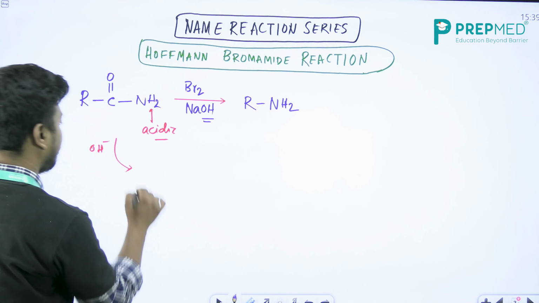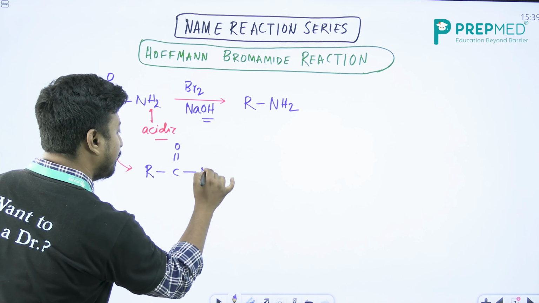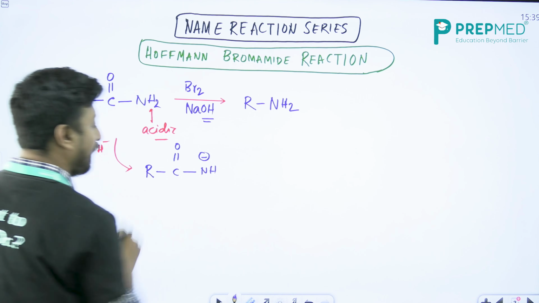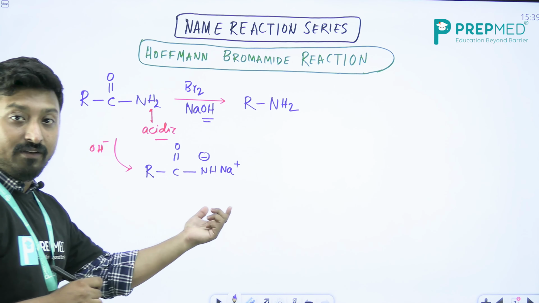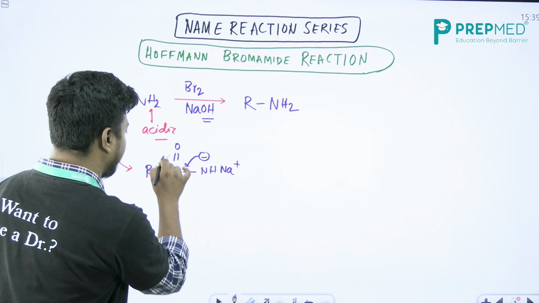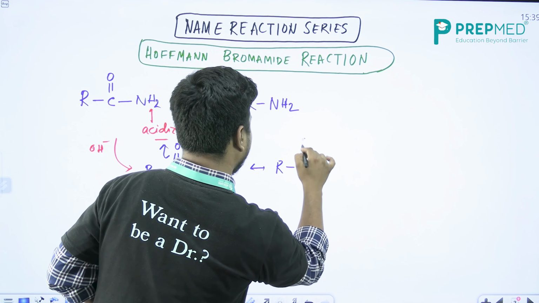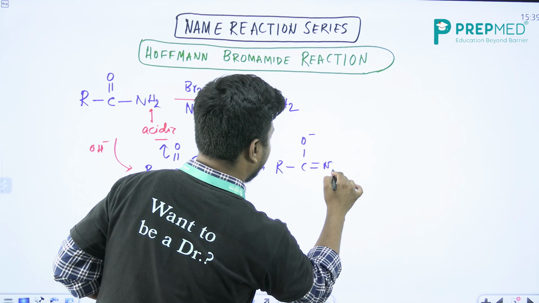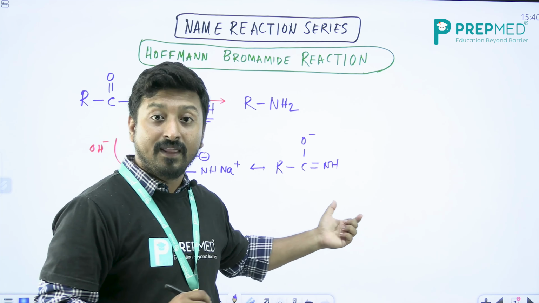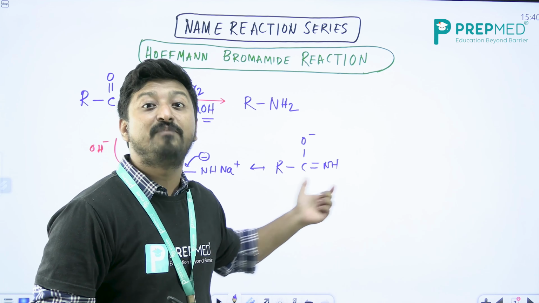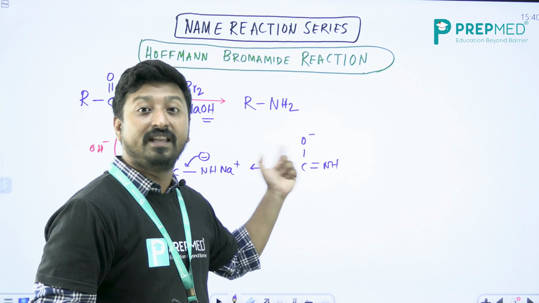The product is basically RC(=O)NH minus, and Na plus. This one is very stabilized due to resonance, basic concepts of GOC, RCO minus N. Now this molecule is not an enol, this is called enamine.